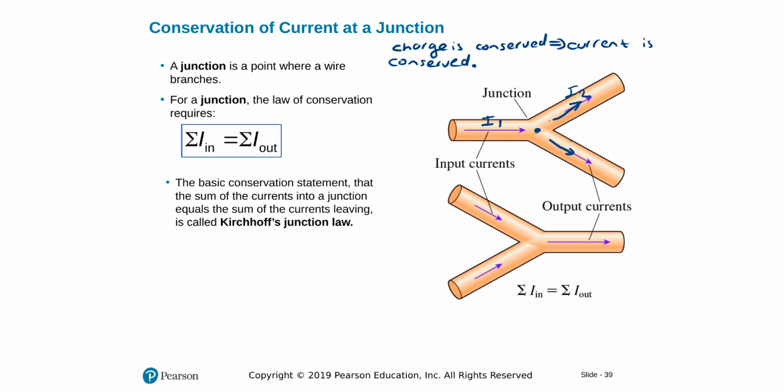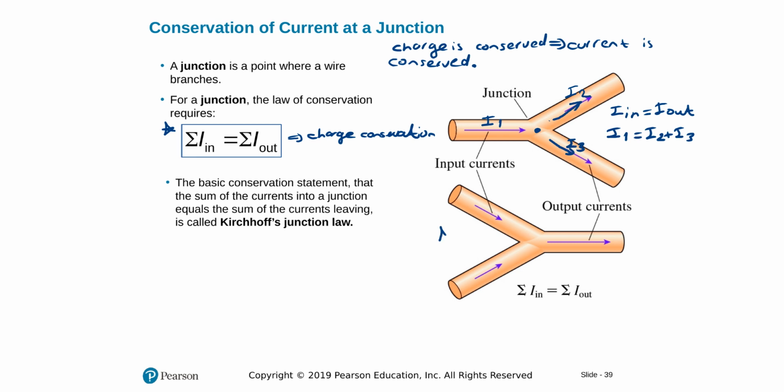Let's call these I2 and I3. So we say total I in should be equal to total I out. We add all the incoming currents and equate them to all outgoing currents. That's called the junction rule, and it's because of the conservation of charge, or conservation of current.